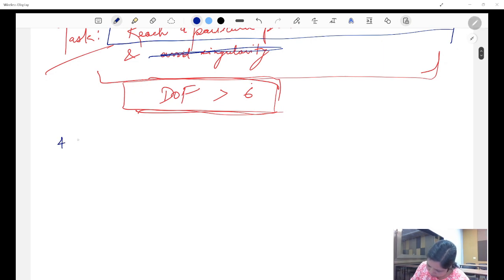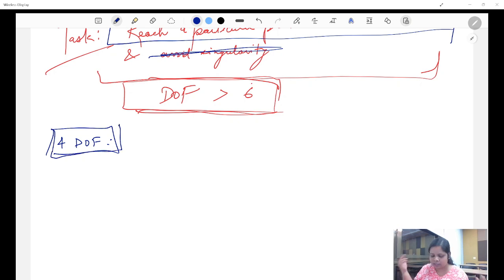Let's say it is 4 DOF. Given a task to move in XYZ and just maintain the orientation about the x-axis, this 4 DOF manipulator will do. It is not more than what is required, so you cannot answer this.